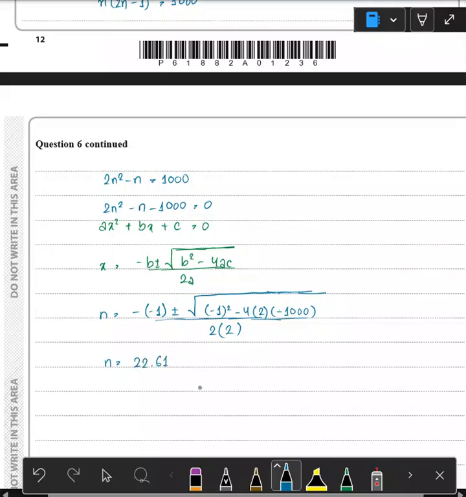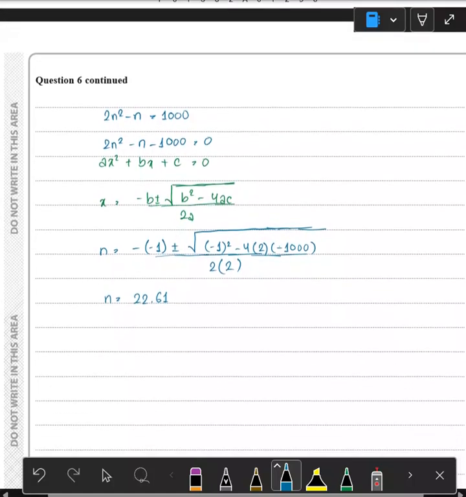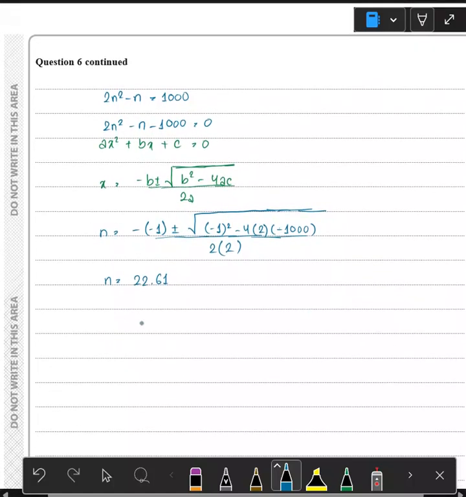So n would be 22.61. If you put that in your calculator, you'll get this value. And as I mentioned, n for our cases here will always be an integer value.